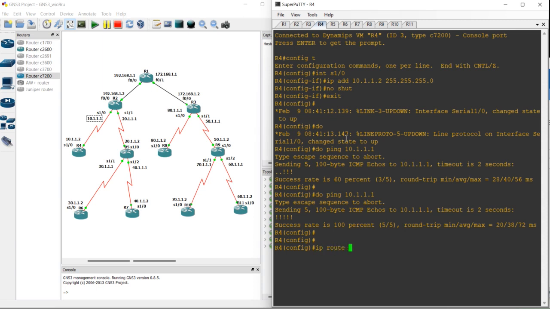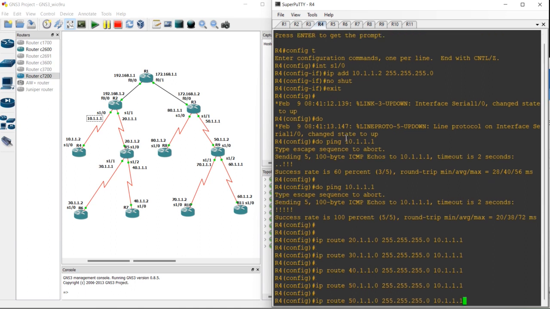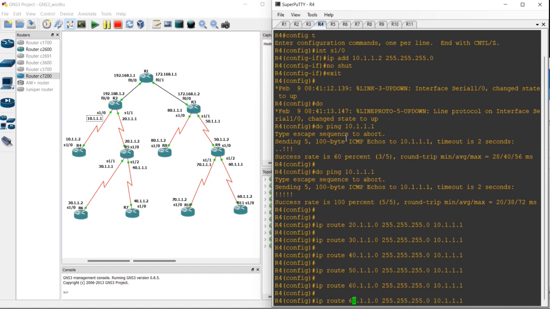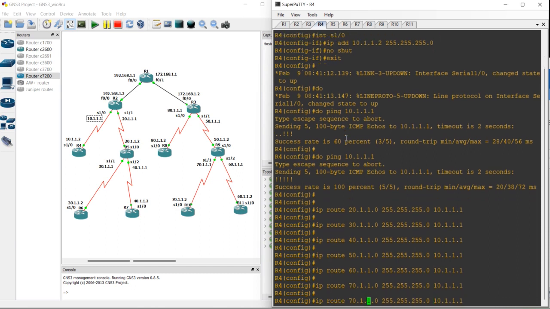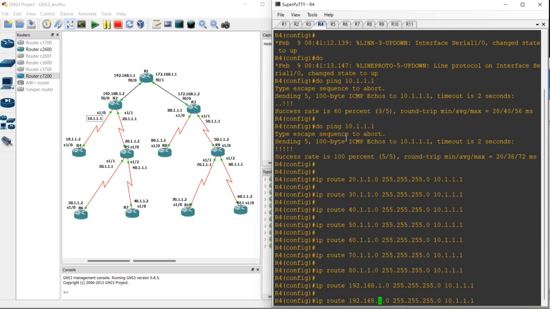So ip route, first the 20s network, then the subnet mask and exit IP 10.1.1.1. Then the 30 network, the 40s network, the 50s network, the 60 network, the 70 network, the 80 network, the 192 network, 192.168.1.0, and the 172 network.